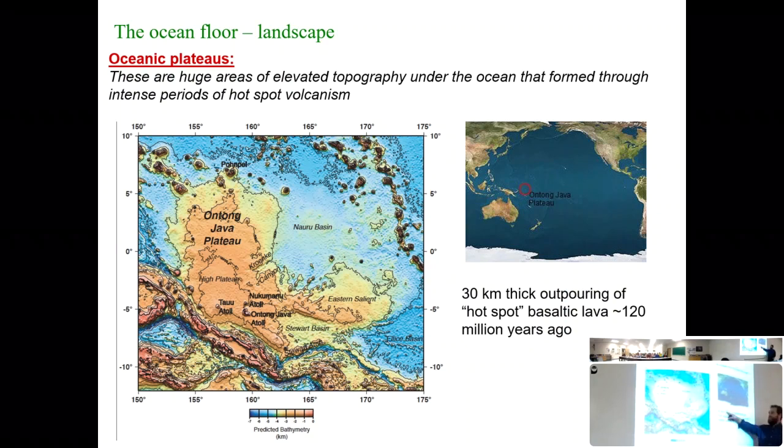Oh, sorry, that should be 30 cubic kilometers. But they created these huge plateaus here. So these are very shallow parts of the ocean that are just kind of boosted up by these tremendous outpourings of basalt. There's a few of those scattered throughout the oceans as well.